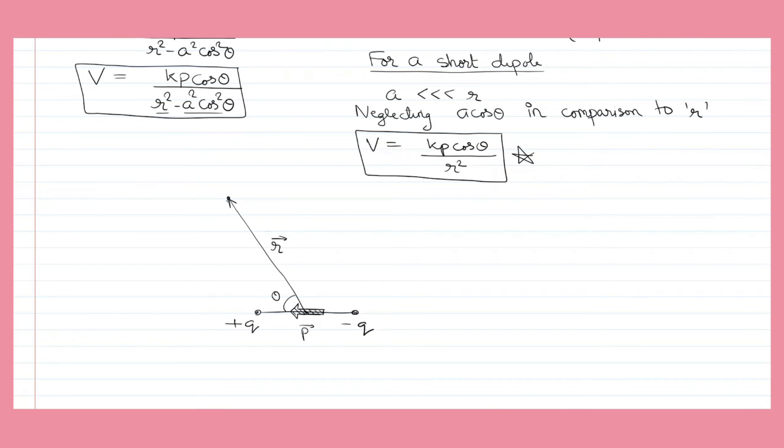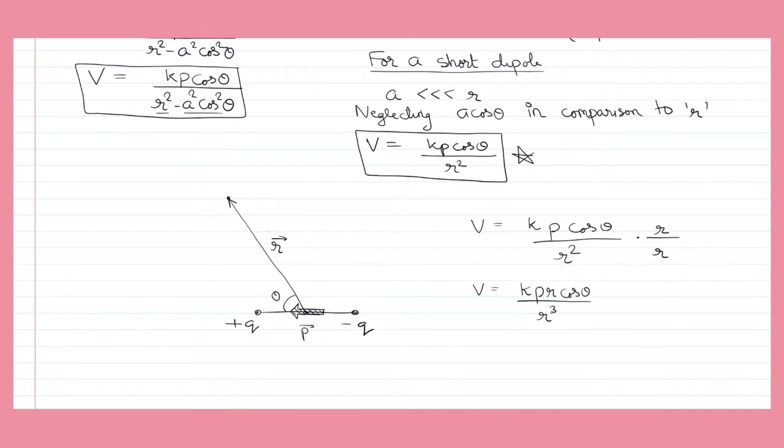What I do is, here I write K P cos theta upon R square, and then I multiply with R and divide by R, because nothing is going to happen if you multiply and divide with the same quantity. So I will get V is equal to K P R cos theta upon R to the power 3.